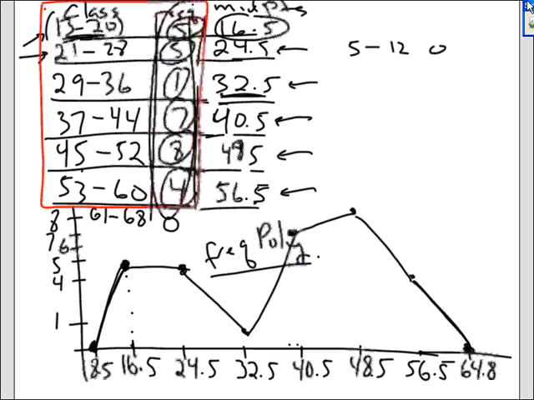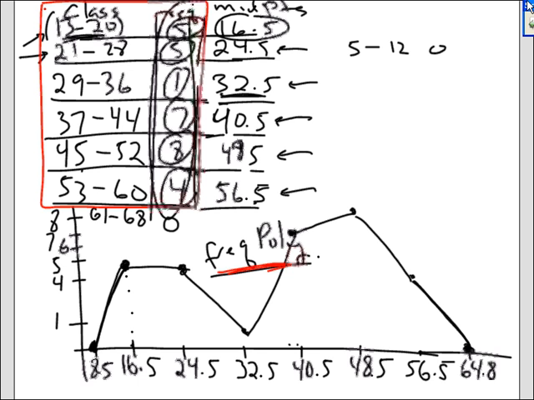So how you study is you say, if I'm given a table that just has the classes and the frequencies, and I'm asked to draw a histogram, I want to find the class boundaries. And you better remind yourself what that meant. If you want to draw a frequency polygon, you want to find the midpoints.